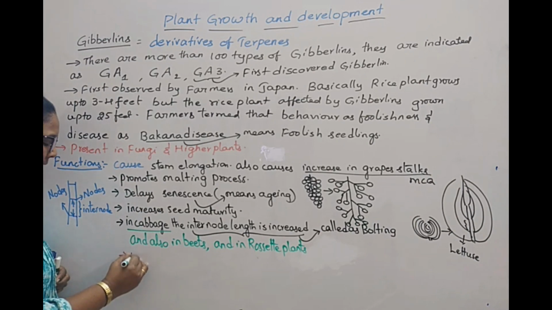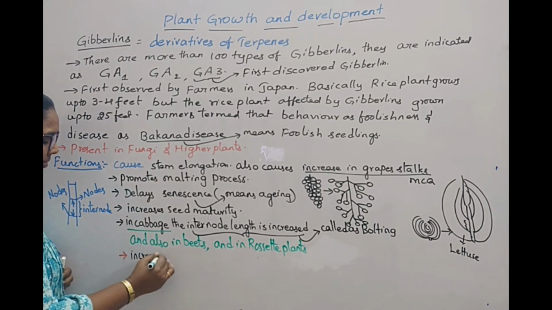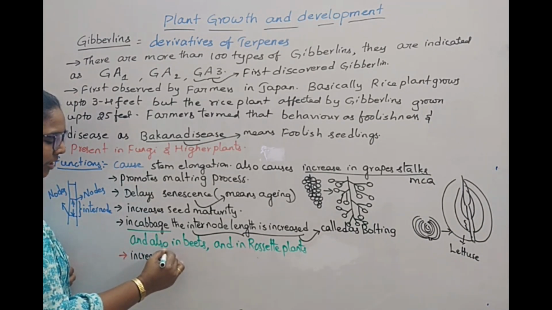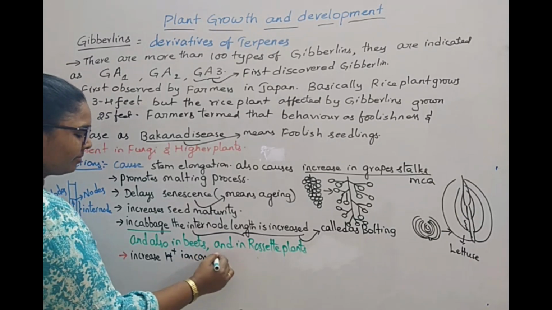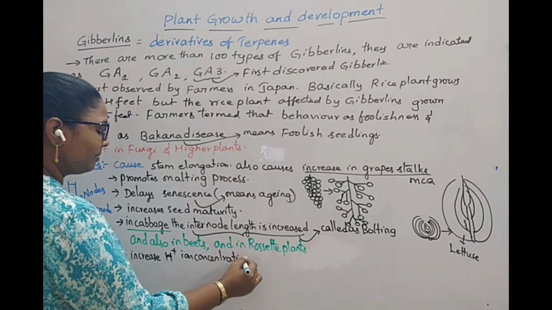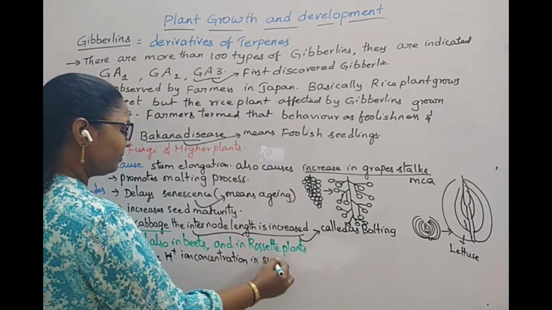Gibberellins are considered to increase acidic condition or H plus ion concentration in sugarcane.